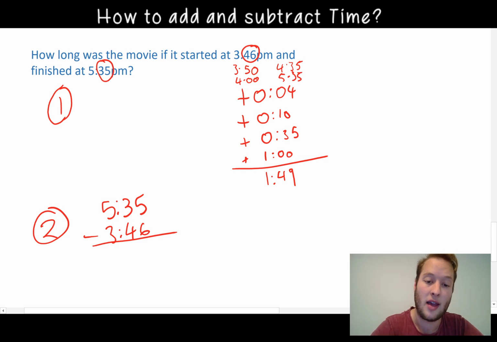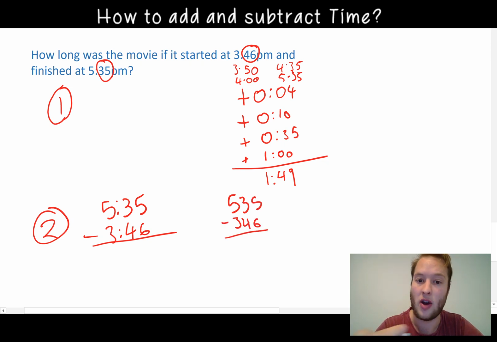As an example, if I was going to write it as 535 take away 346, if I just said it wasn't time, it's just numbers, for me to go 5 take away 6, I have to go to this side, take away 1 to make it 2. Now it's got 15 take away 6, and it works a bit like that. When we're looking at time, it doesn't swap over every 10, what we call base 10.